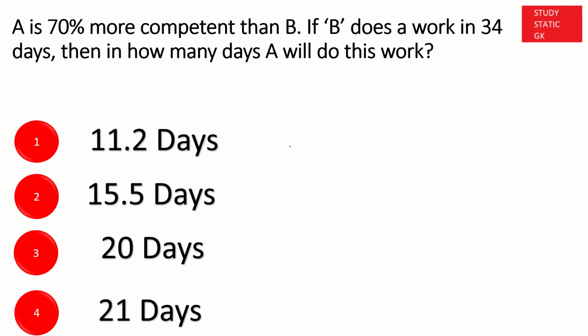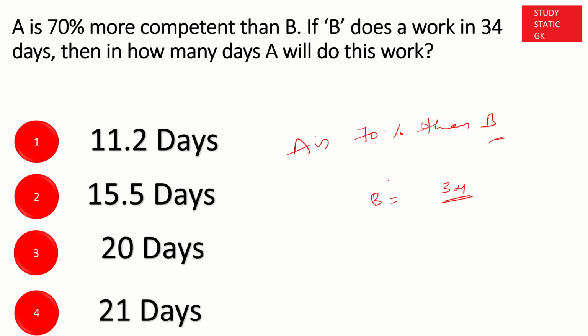So A is 70% more competent than B. Okay, so if B is doing in 34 days, then A will do this work a bit more competent, 70% more than B, right?